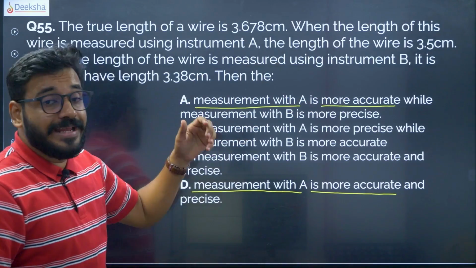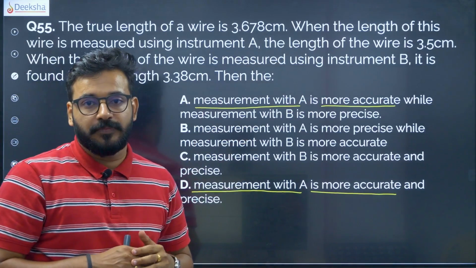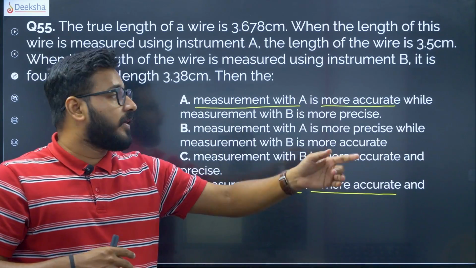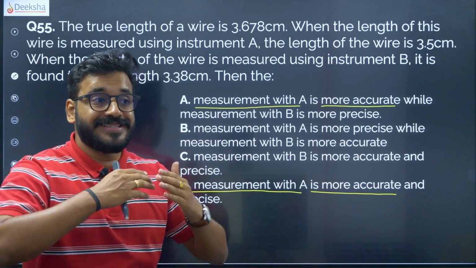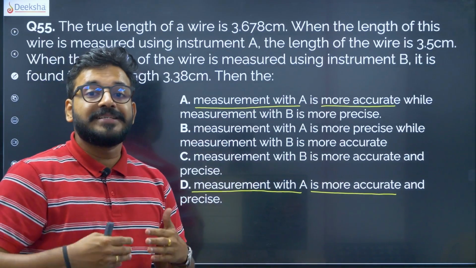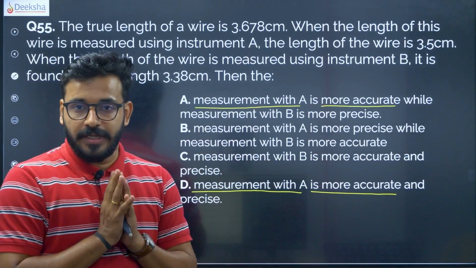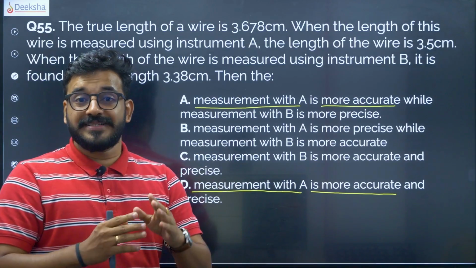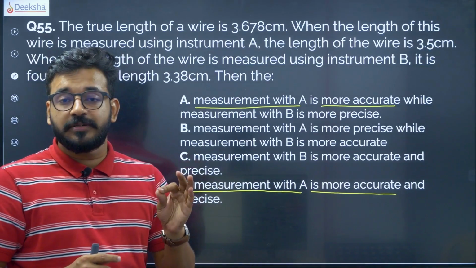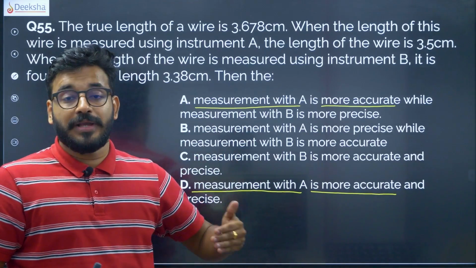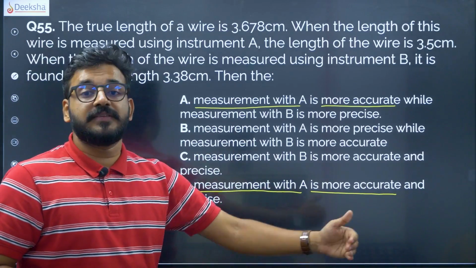But 3.38 has a depth in its measurement. You can measure up to 2 decimal points. Here you can measure up to only 1 decimal point. There is a depth in the measurement. The least count is even more elaborate. So such kinds of measurements are precise. What are precise measurements? Where there is a depth in the measurement. You can measure even up to further decimal points.